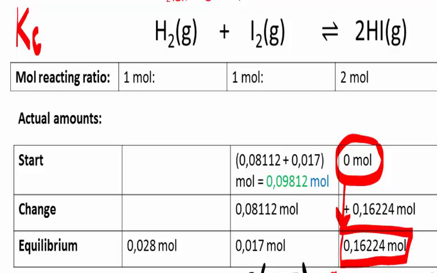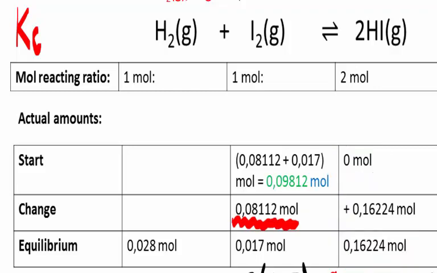And from that, we could deduce how much iodine had to react in order to produce that much hydrogen iodide, because chemicals always react in predictable ratios. So if you know how much hydrogen iodide there was produced, then you just calculate how much iodine must have reacted to produce that. And that's what we did. So then we knew how much iodine reacted.